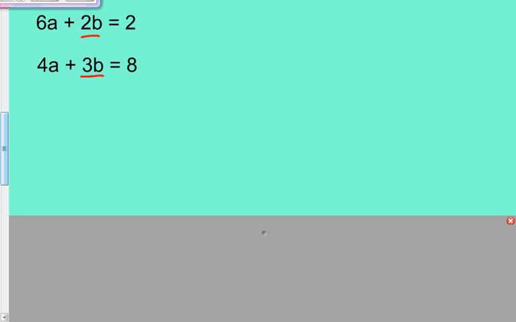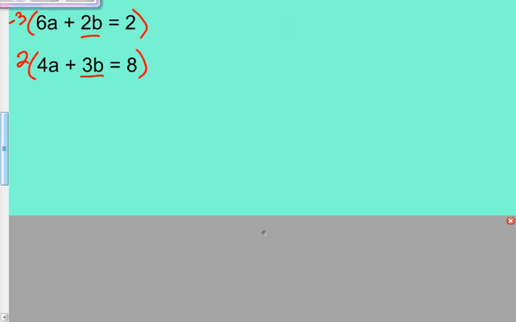What is the most common multiple between 2 and 3? And of course it's 6, but one of them has to be a negative. So I'm going to choose to change the top one to a negative, and of course I have to multiply with a negative 3. The bottom one, I'll leave it positive, but I have to multiply it with a 2. So I'm going to make both my b's become a 6.